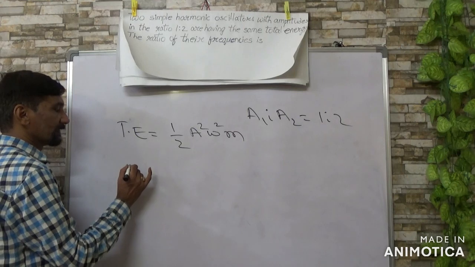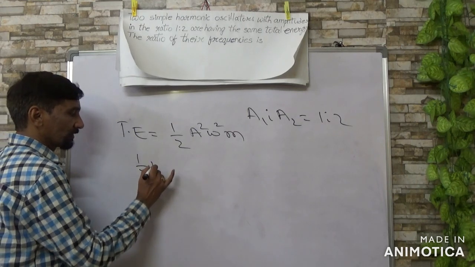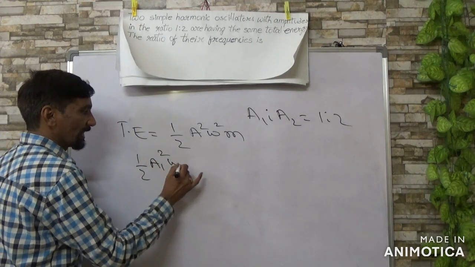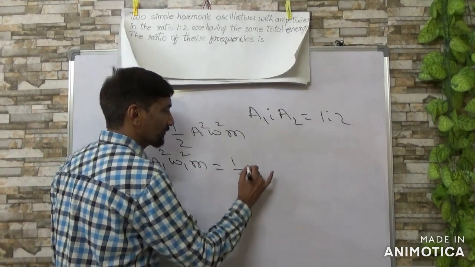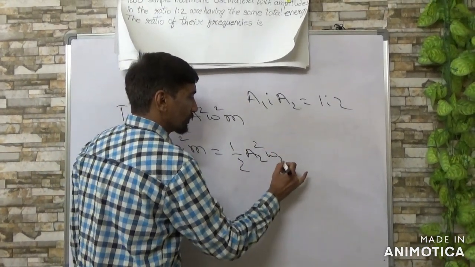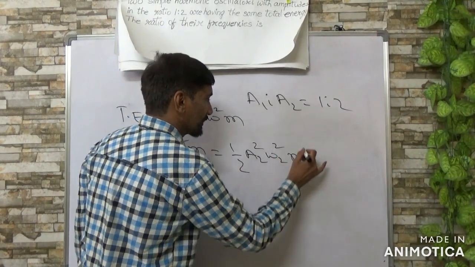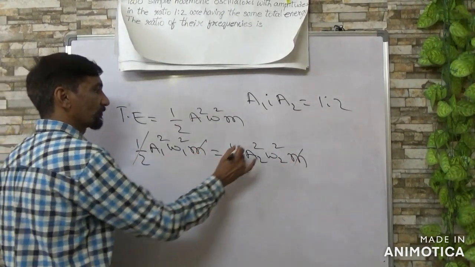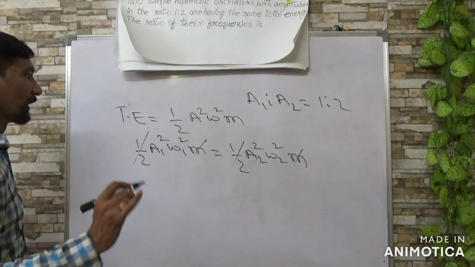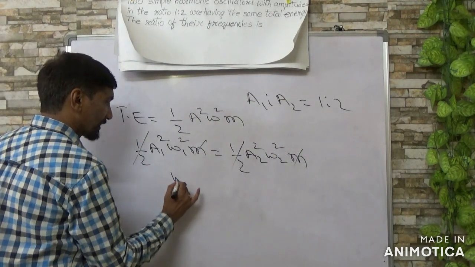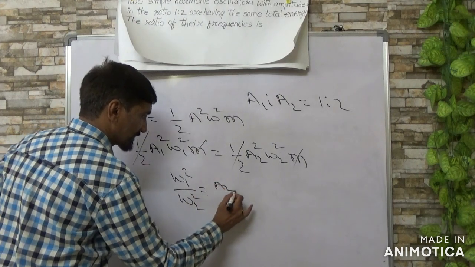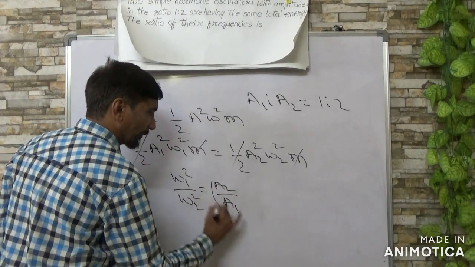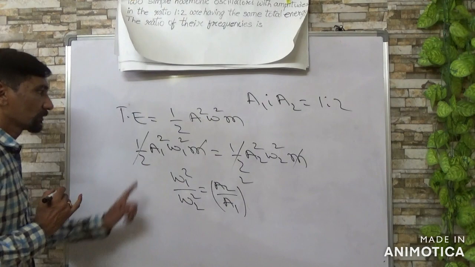So you can write half a1 square omega 1 square m equal to half a2 square omega 2 square m. Half is cancelled. So omega 1 square by omega 2 square is a2 by a1 whole square.